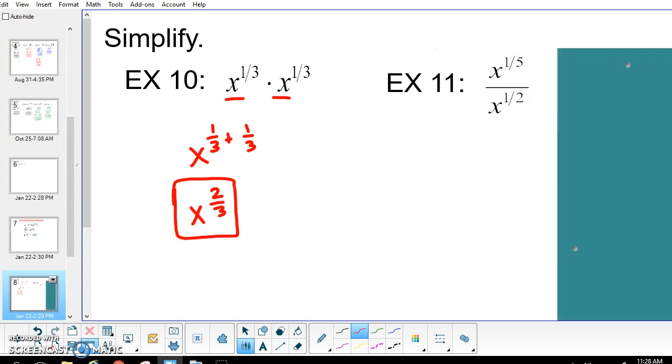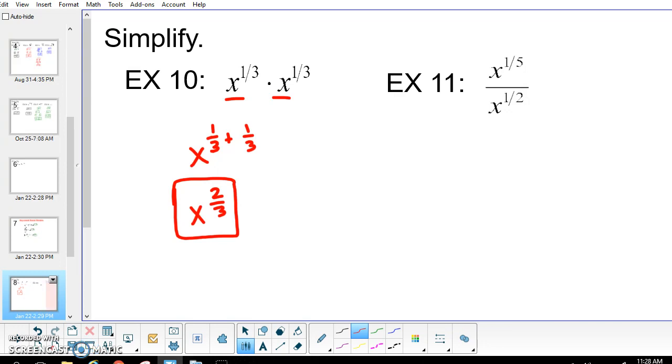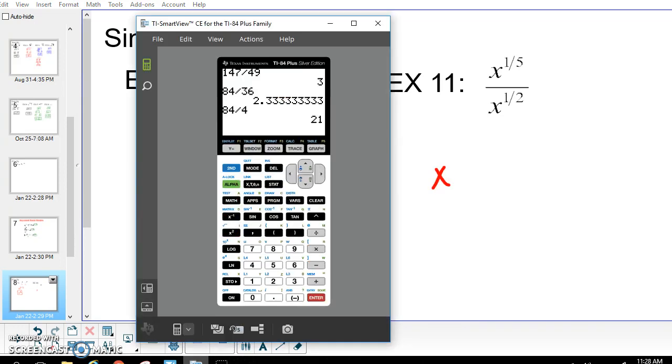Here, I'm dividing, so I'm going to subtract. And it might be just as easy to type that in your calculator, because some of us don't really remember fractions. To subtract fractions, you need to get a common denominator. That takes a little bit of time. So it's really easier to just type it in.